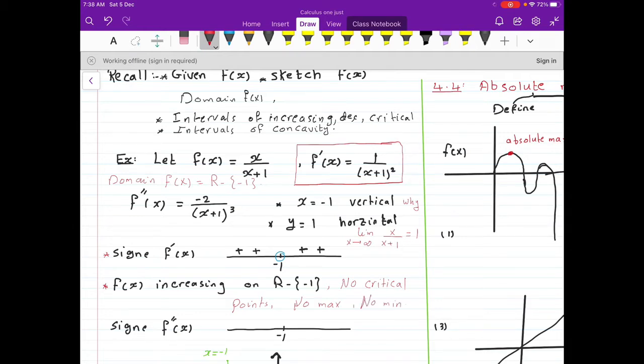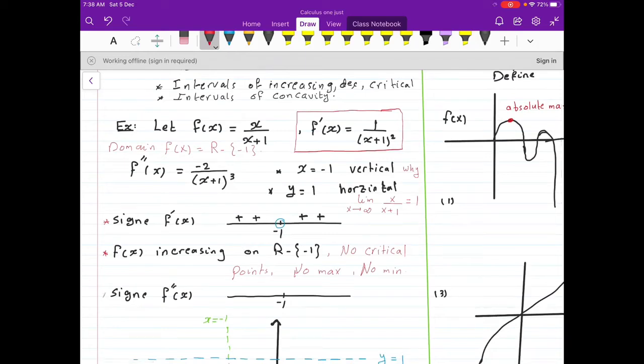Now, to find the intervals of concavity, study the sign of f double prime of x. For f double prime of x, the domain of the function is R except minus 1. If you choose a number greater than minus 1 like 0, the sign will be negative. If you choose a number less than minus 1 like minus 2, minus 2 plus 1 to the power 3 is negative, negative over negative is positive.